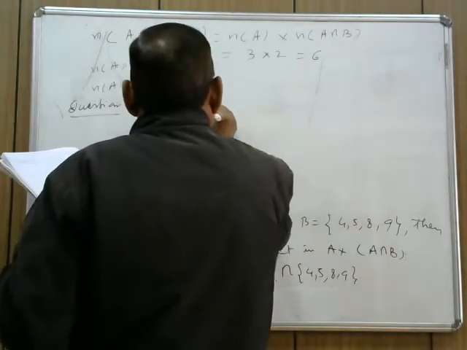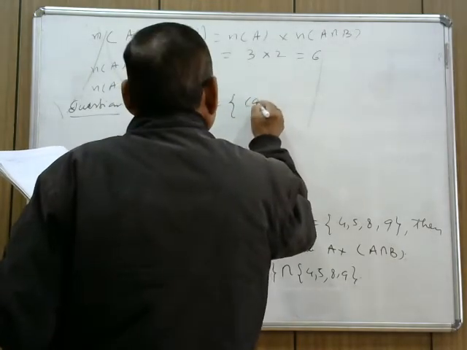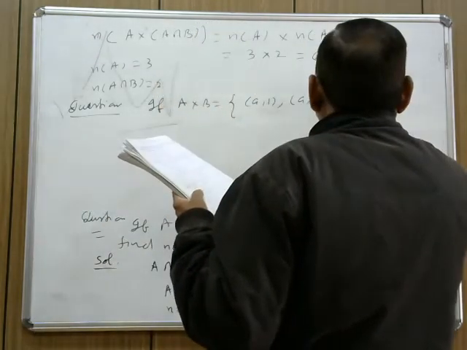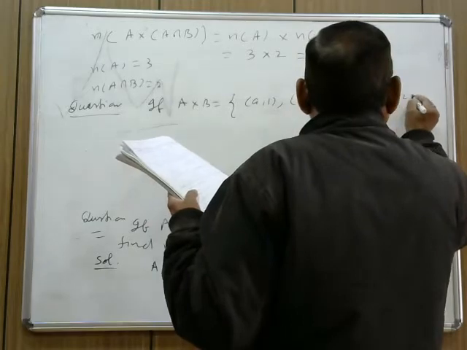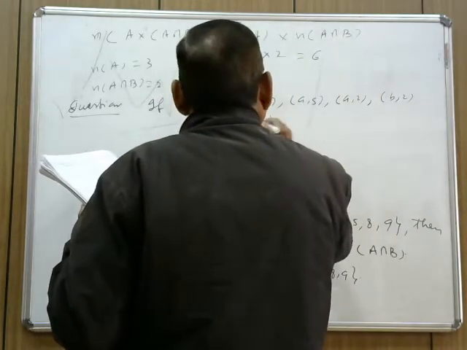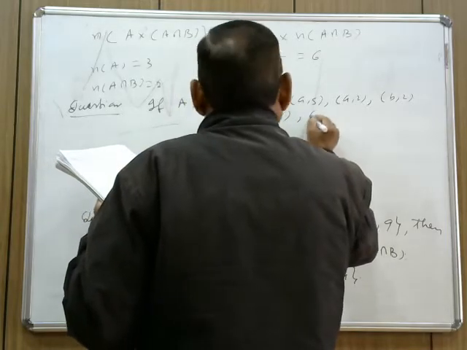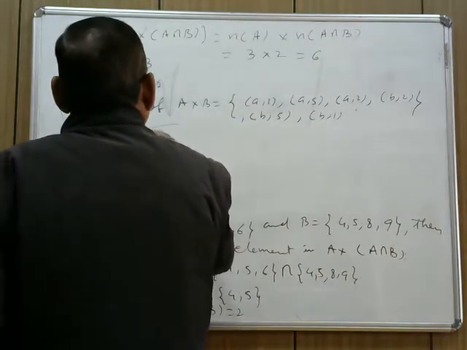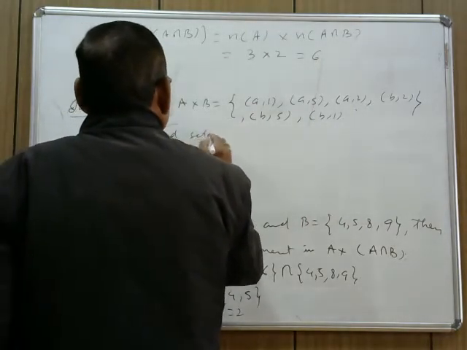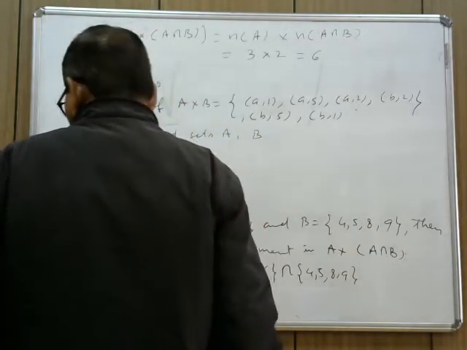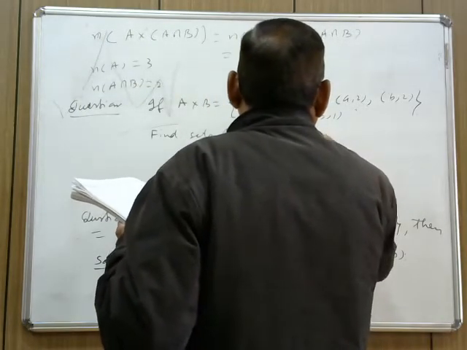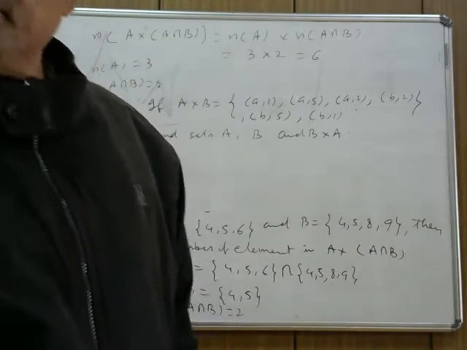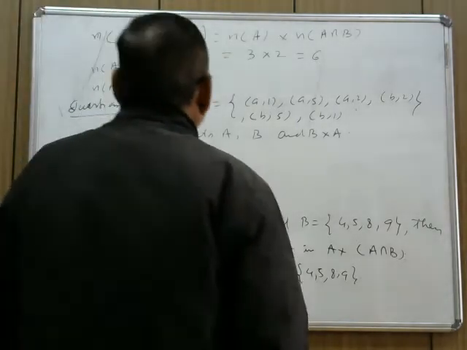If A cross B is defined as {(a,1), (a,5), (a,2), (b,2), (b,5), (b,1)}, then find sets A, B and B cross A. A cross B is already given, so with the help of that you can find the sets A and B, then you can find B cross A.